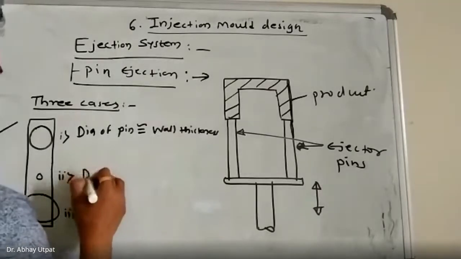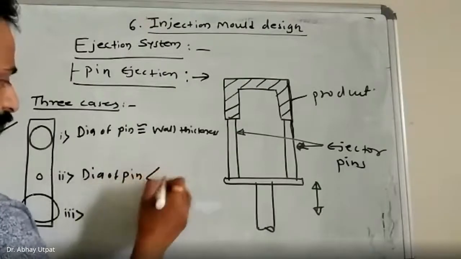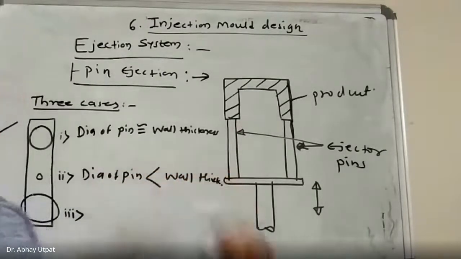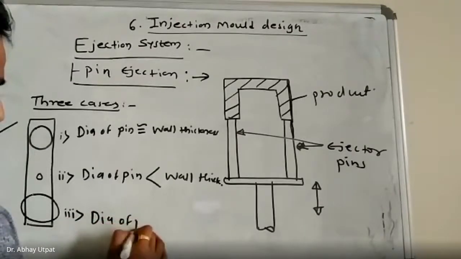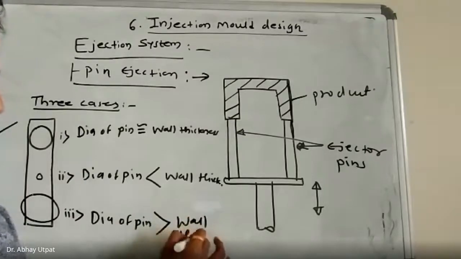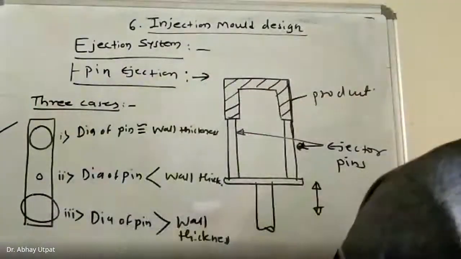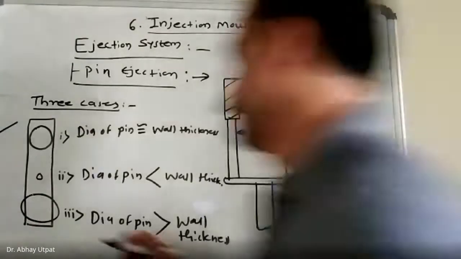Then case 2: diameter of pin less than wall thickness. Third, diameter of pin greater than wall thickness. And this is wall thickness.